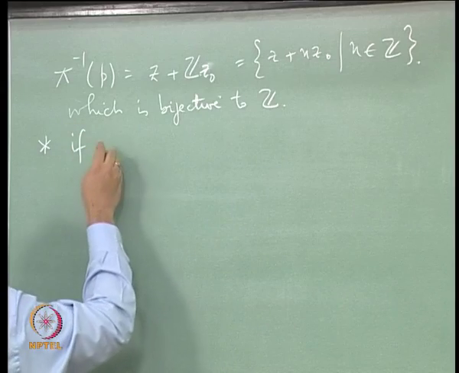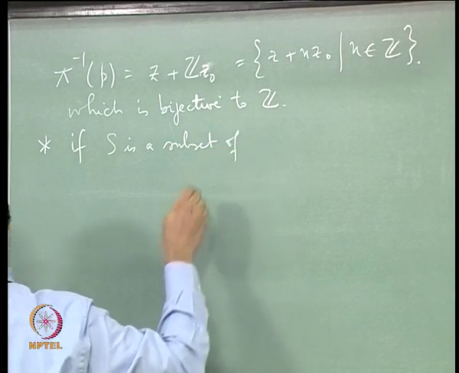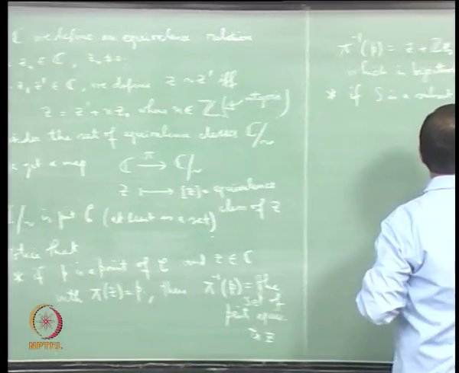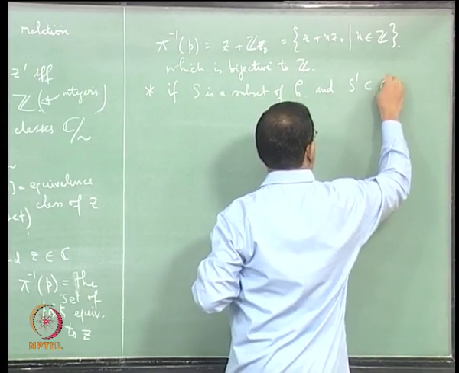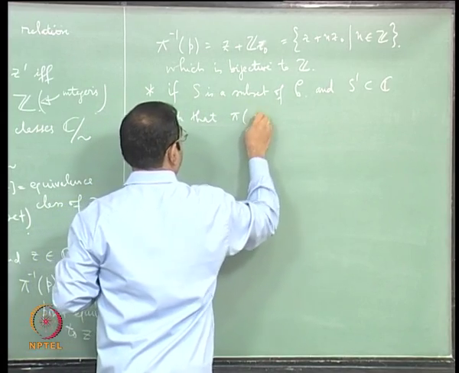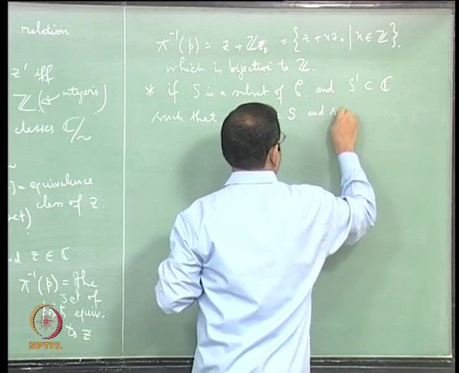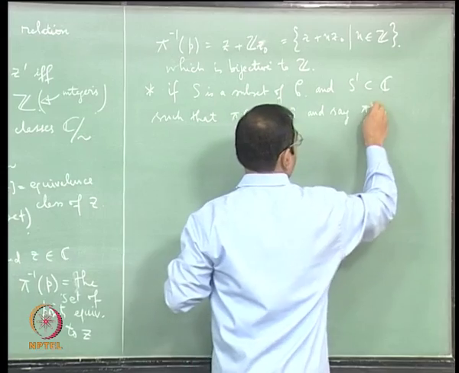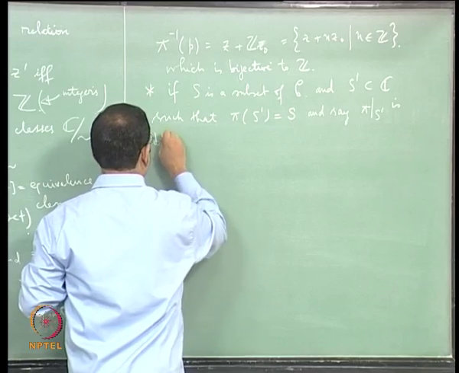If S is a subset of the cylinder, and S prime is a subset of the complex plane such that pi of S prime is equal to S, and say pi restricted to S prime is bijective.